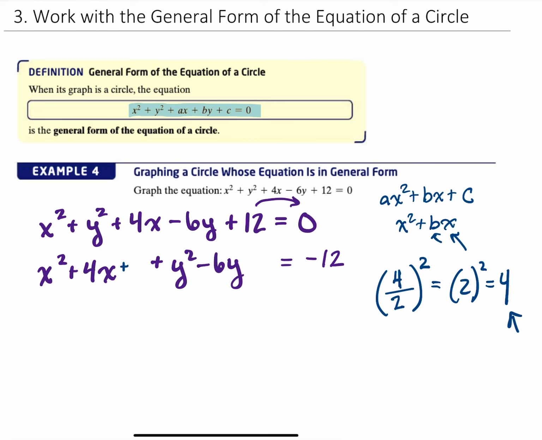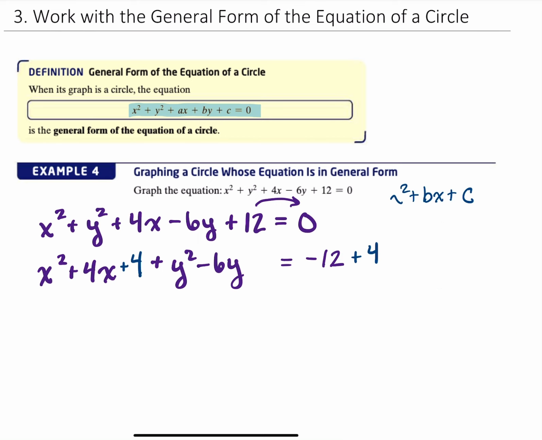So I'll say plus 4, but we're adding something to one side of an equation, so I need to add it to the other side as well. Make some room here. So let's do the same thing for y. In this case, our b term is -6.